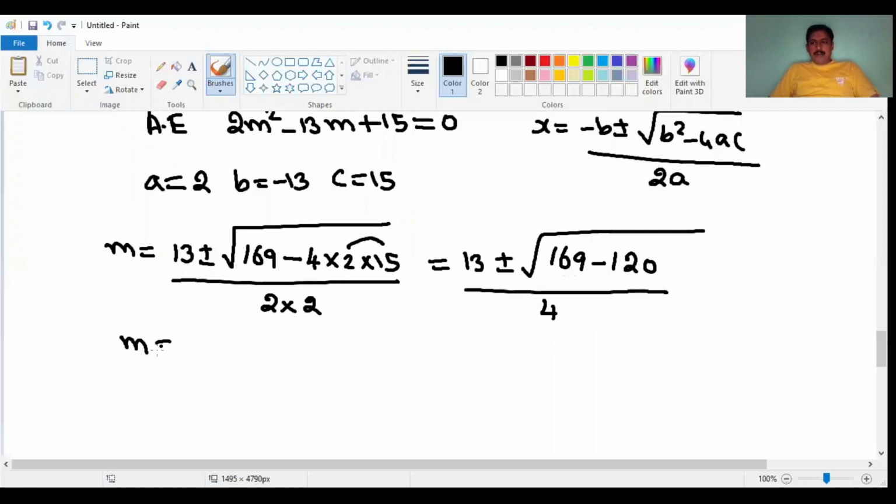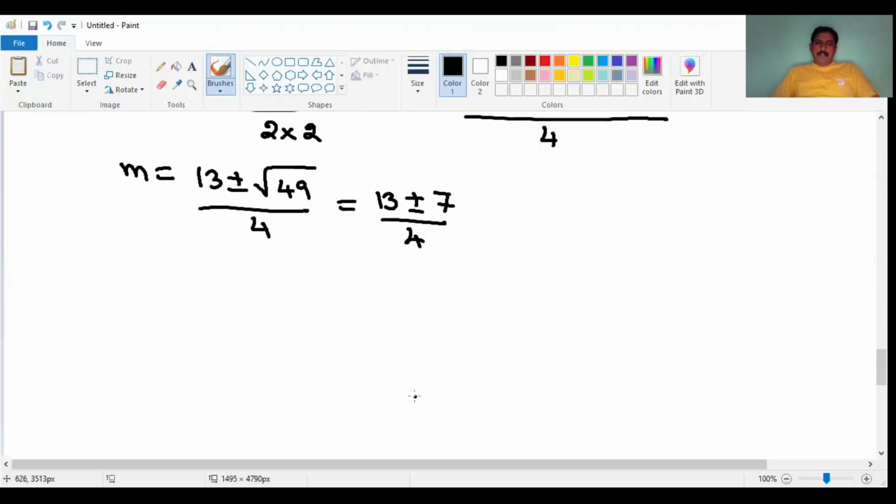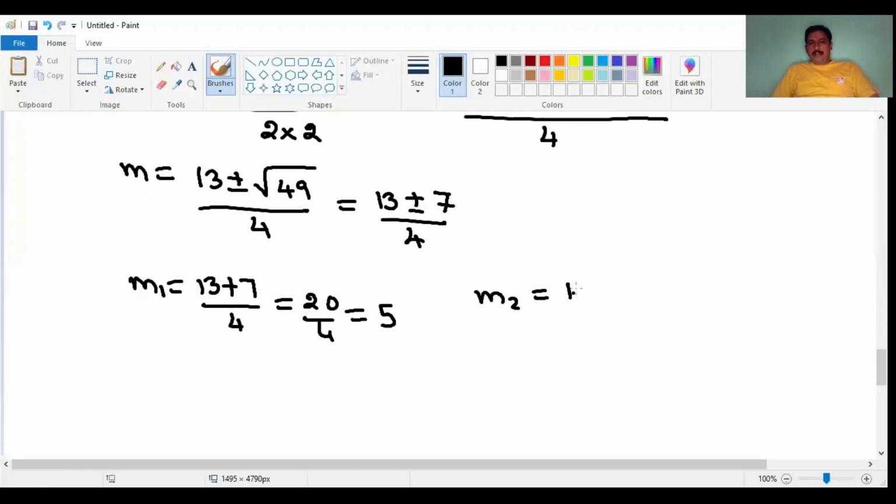So we will get m equal to 13 plus or minus square root of 49 divided by 4. Root 49 is nothing but 7, so 13 plus or minus 7 divided by 4. Therefore your roots are: the first root is 13 plus 7 by 4, that is 20 by 4, equal to 5. And the other root is 13 minus 7 by 4, that is 6 by 4, which is nothing but 3 by 2.